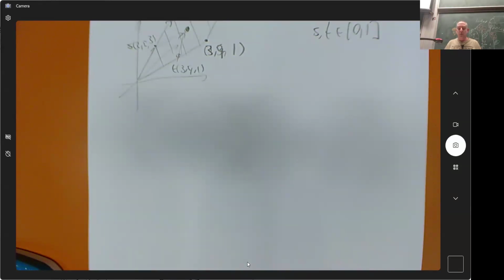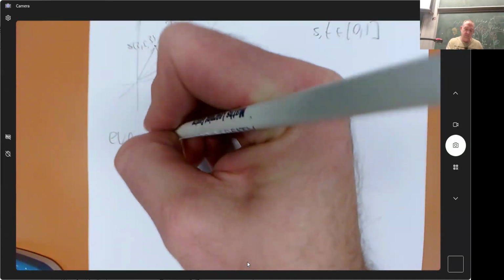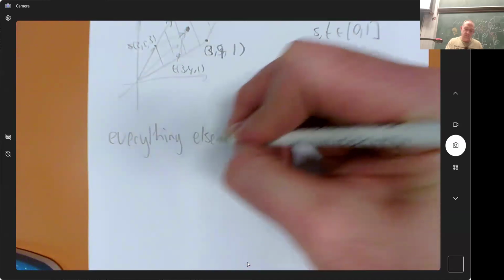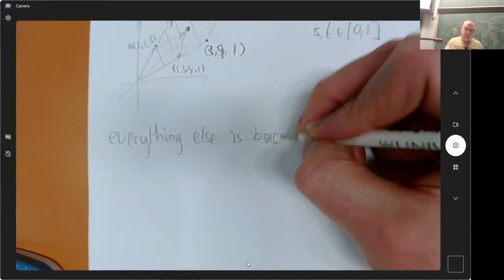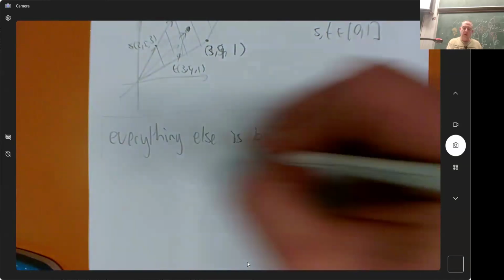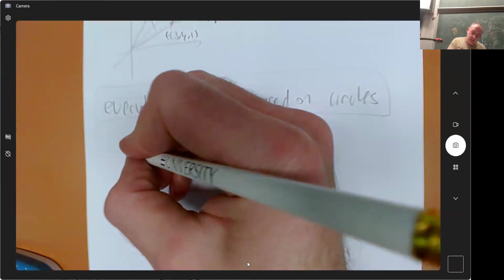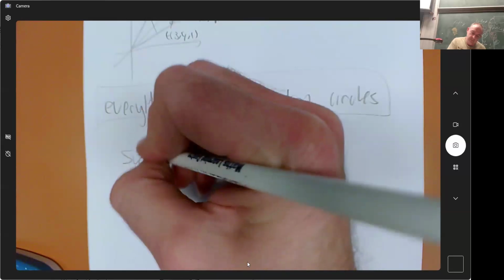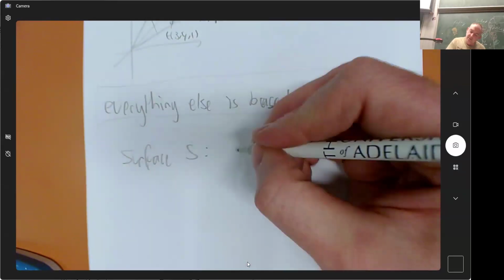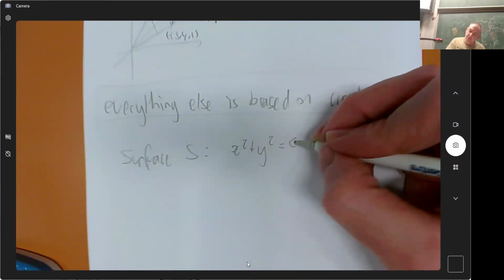So if you wanted to parameterize, for example, the surface S, x squared plus y squared equals 4.